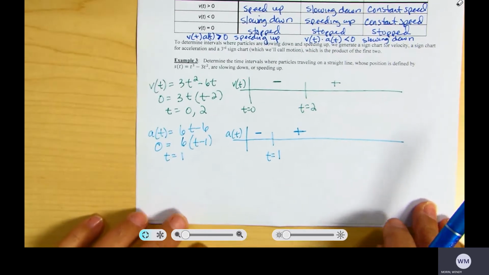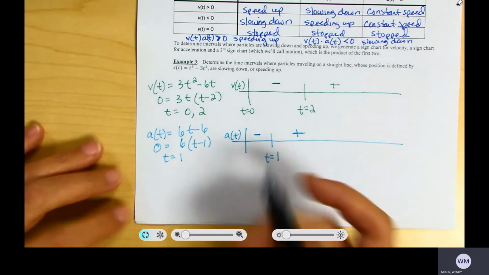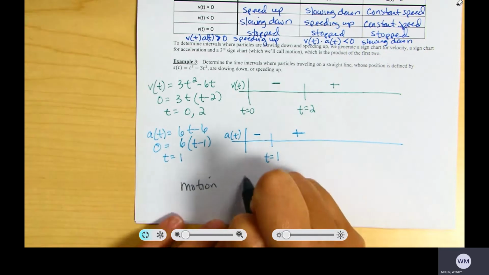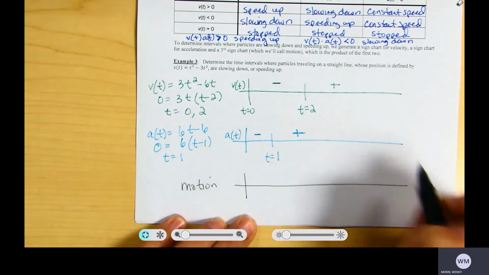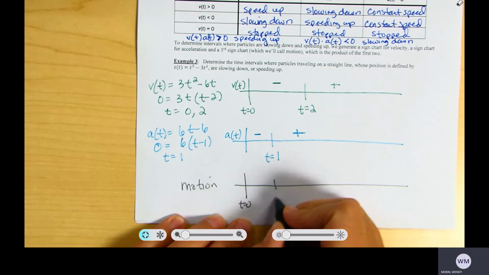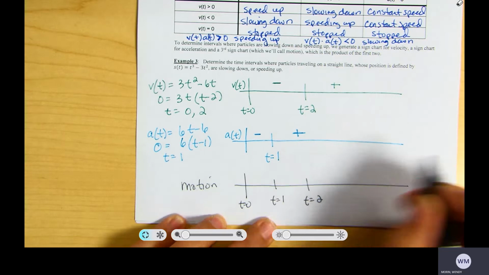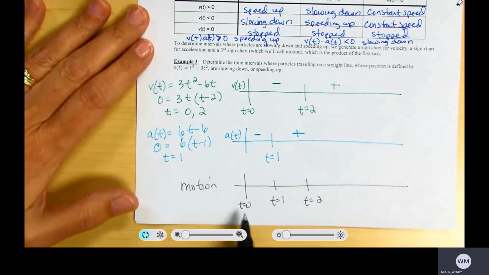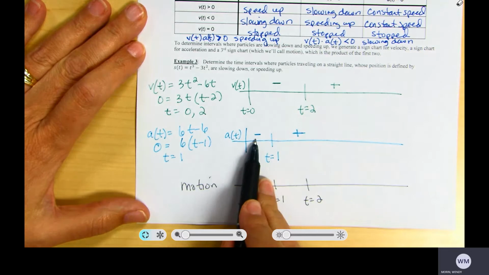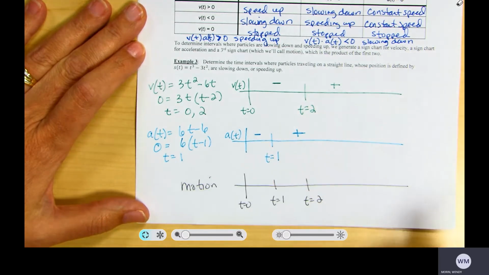Now we want to know about speeding up or slowing down. So we're going to call this the motion. Okay? So we put all of this together. We have t equals 0, 1, and 2. So let's look at from 0 to 1. Here the velocity is negative, and here the acceleration is negative. A negative times a negative is a positive.